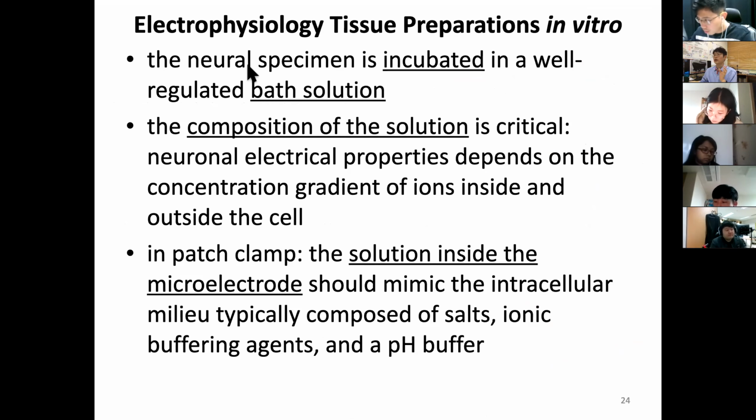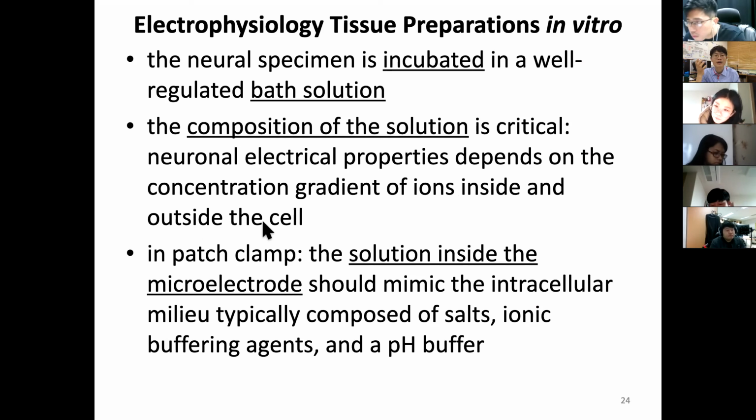So in vitro, the neural specimen has to be incubated in a well-regulated bath solution with 95% oxygen, okay? The composition of the solution is critical. Neuronal electrical property depends on the concentration gradient of ions inside and outside of the cell. So one of the questions is, hey, what's the action potential, resting potential difference?